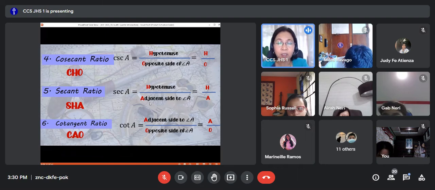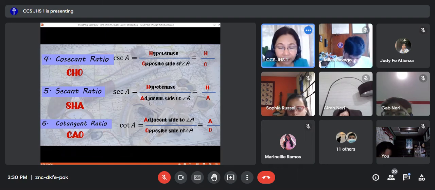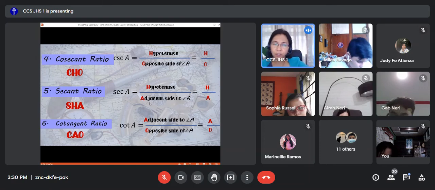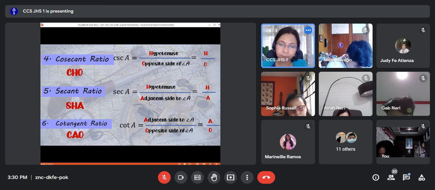Cosecant, the reciprocal of sine. Secant, the reciprocal of cosine. Cotangent, reciprocal of tangent. Okay, so if you determine the first three, you can determine the last three, because you just have to reciprocate your answer.